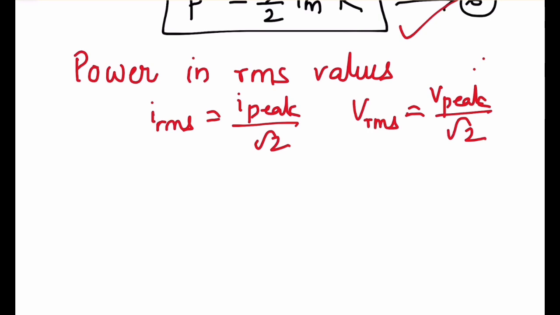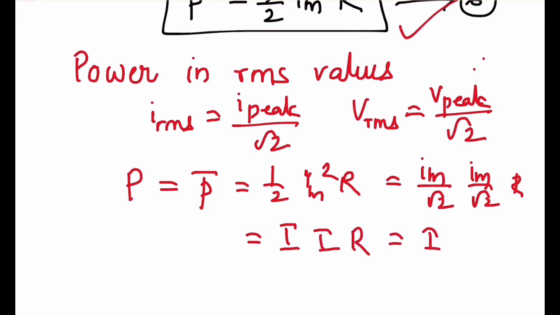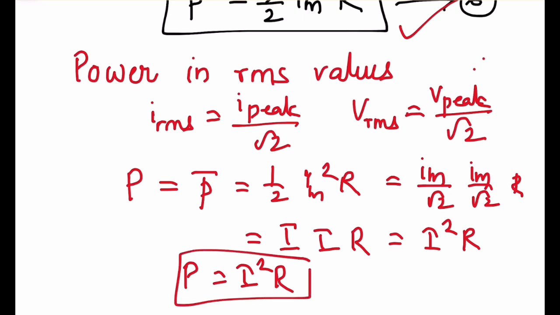Earlier I used small letters, that is the average of power, half Im square R, which is equal to Im by root 2 squared into R. So Im by root 2 is IRMS, which we can take as capital I, so it is equal to I square R. In this way, once again you got the power equation equal to I square R, just like our third chapter DC power: I square R, V square by R, V into I.